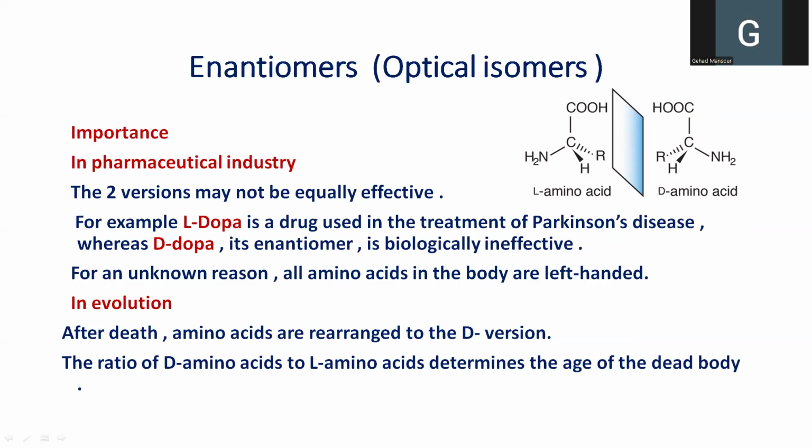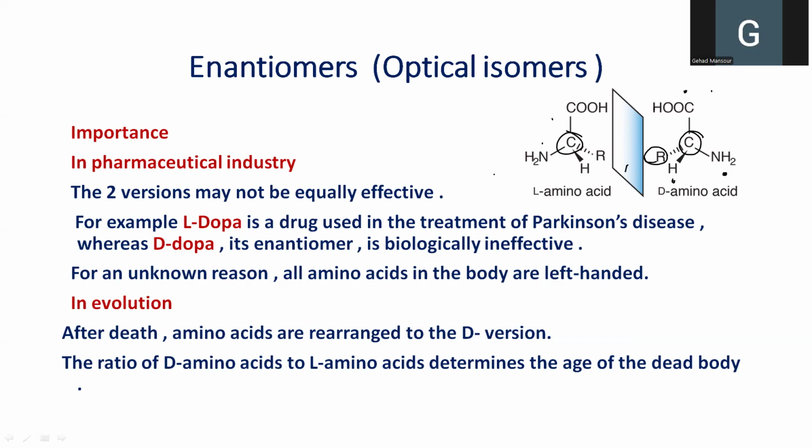This is also applicable in amino acids. So here we have a central carbon atom, and it is a chiral carbon atom because it is bonded to hydrogen, an amino group, a carboxylic group, and an R radical. These are 2 mirror images and they are non-superimposable.